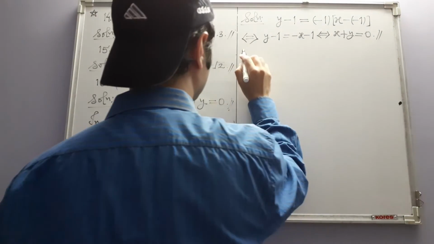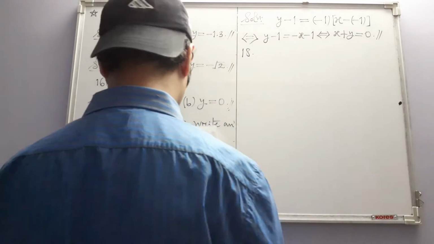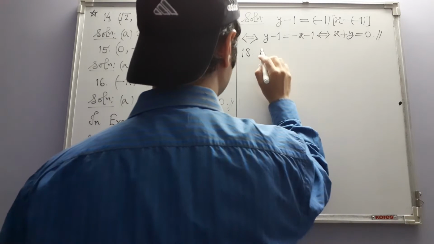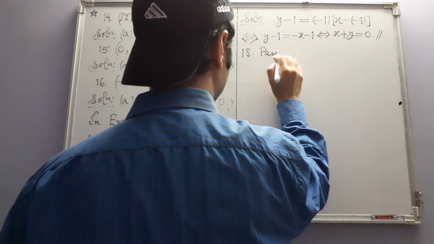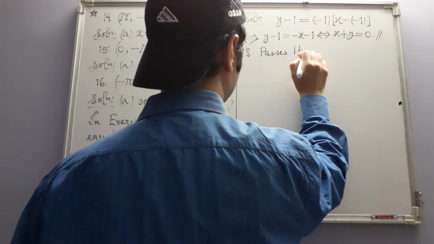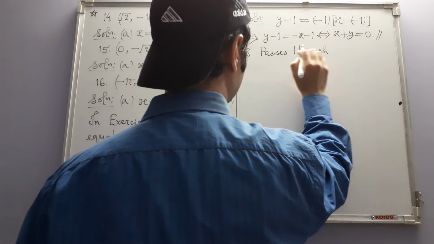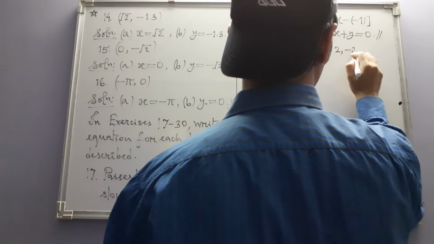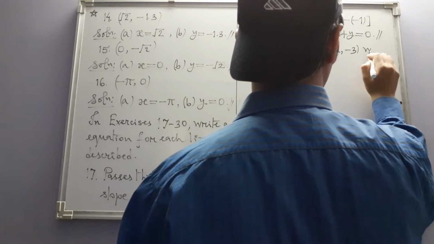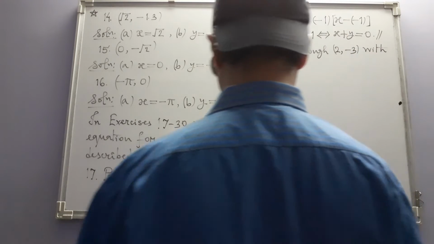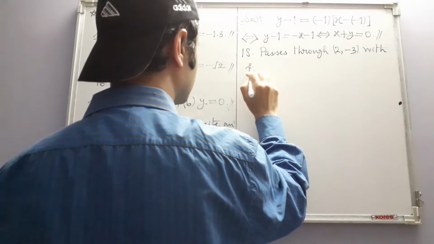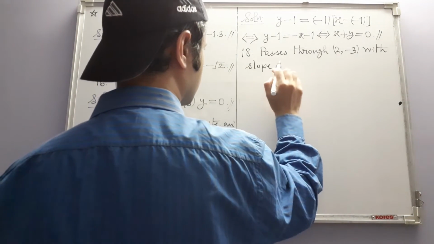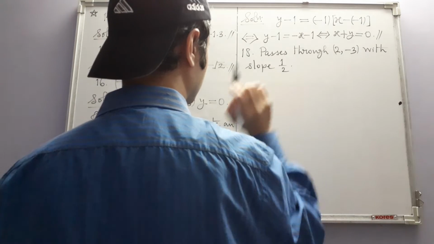Okay, moving on. 18 passes through (2, -3) with slope 1/2.